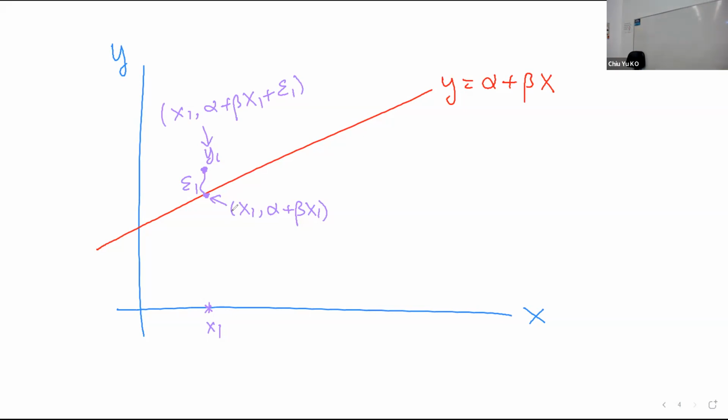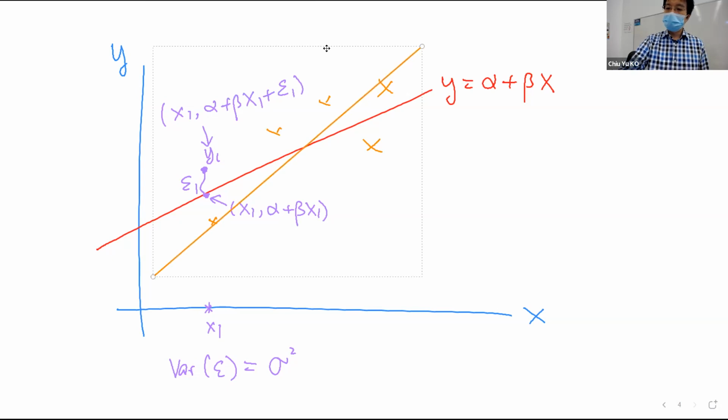And this epsilon has variance sigma square, so each draw can be very different. Remember, when you collect data, maybe the data looks like this, and you may end up with a line like this.